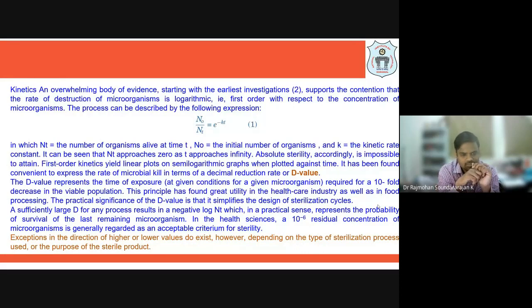The D value represents the time of exposure, for given conditions and a given microorganism, required for a tenfold decrease in the viable population. So the D value is nothing but the time of exposure required in sterilization to reduce the population by one tenth, that is, one order of magnitude. Ten times decrease in the population is the D value, or decimal reduction value.